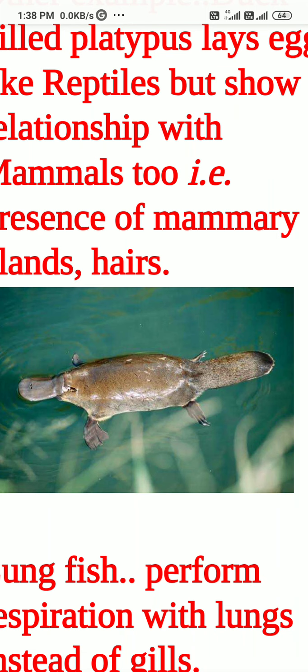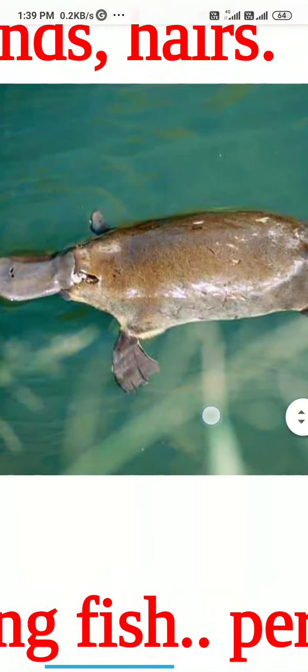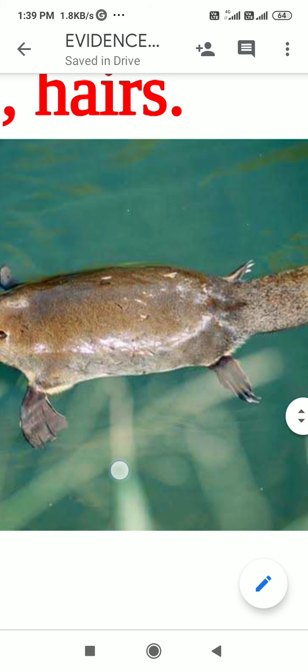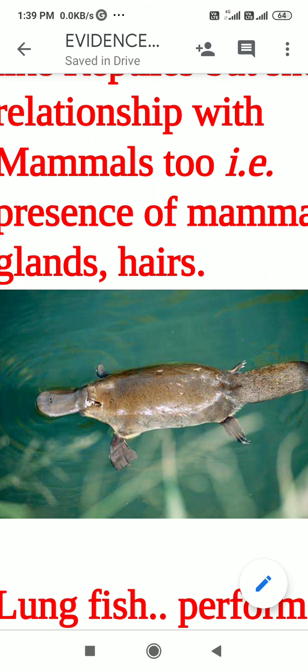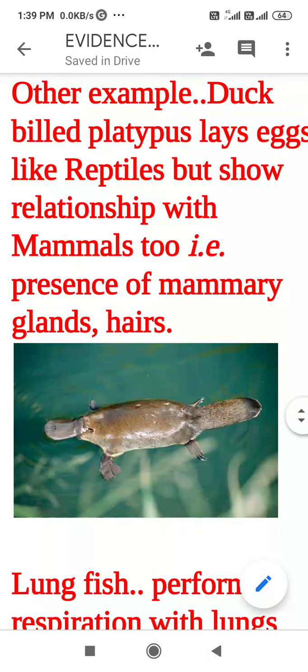In addition, it shows a mammalian character: it has mammary glands and hairs on the body. From this we can say that mammals developed from reptiles, and this is the connecting link between these two groups, reptiles and mammals.